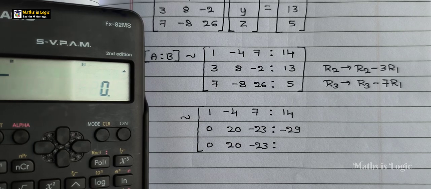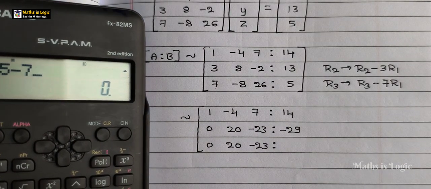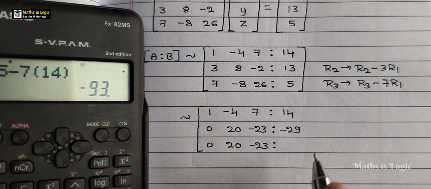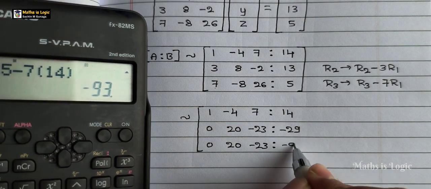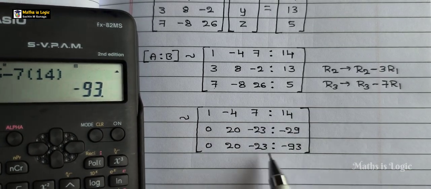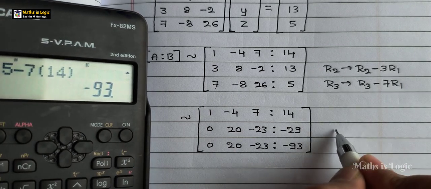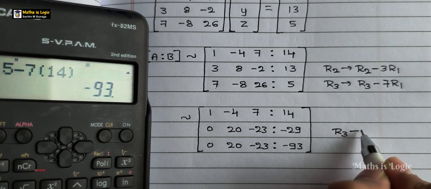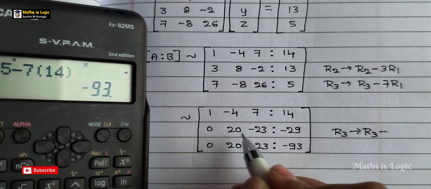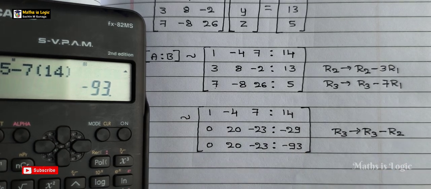Next 5, that is R3 minus 7 times of R1 is 14, so this is minus 93. Next third row, this is second element, we have to make it 0, therefore apply the row transformation. R3 changes to, so this is R3 minus R2, so 20 minus 20 directly goes to 0.